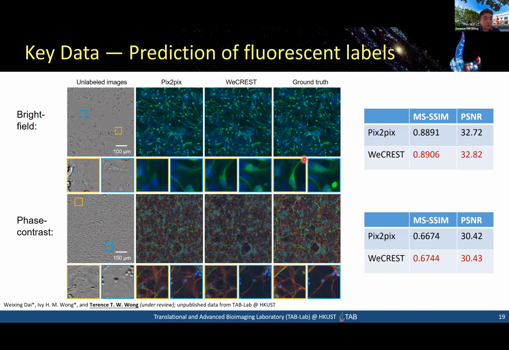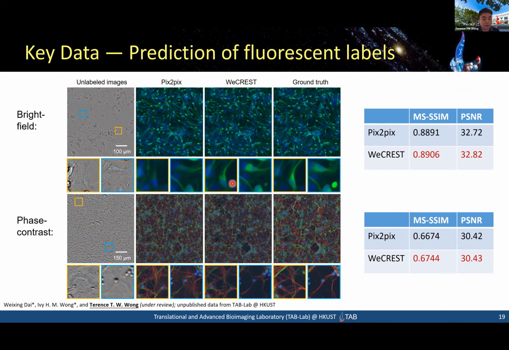As a side note, this technology is indeed very powerful. It's not only for virtual staining, although that is also some sort of virtual staining, but it can predict fluorescence emissions from unlabeled images, such as bright field and phase contrast. This method is called ReCREST, and compared with the ground truth, it is even more superior than that provided by pix2pix, which is fully supervised learning.